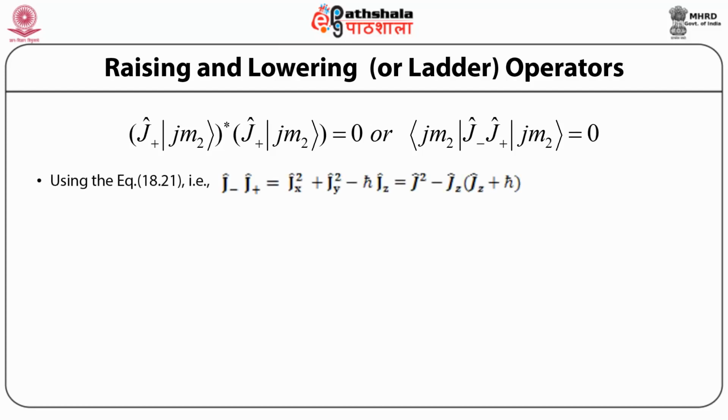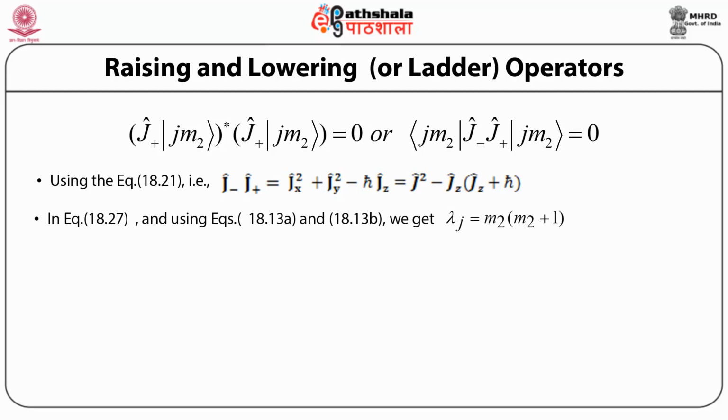Using equation 21, that is, operator j minus operator j plus is equal to operator jx square plus operator jy square minus h cut operator jz, which is equal to operator j square minus operator jz into operator jz plus h cut, in equation 27, and using equations 13a and 13b, we get lambda j is equal to m2 into m2 plus 1.